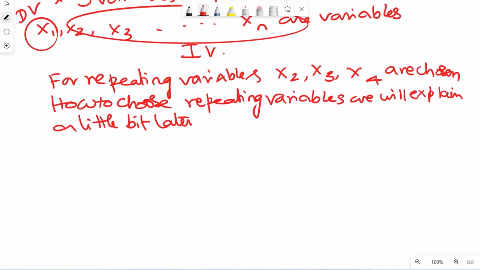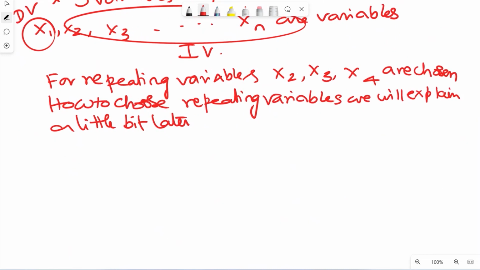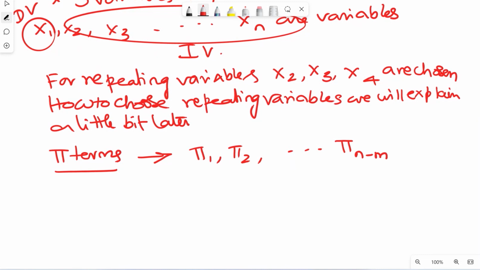But now if I take each pi term, the number of pi terms will be pi 1, pi 2, up to pi n minus m. These are the number of pi terms actually.